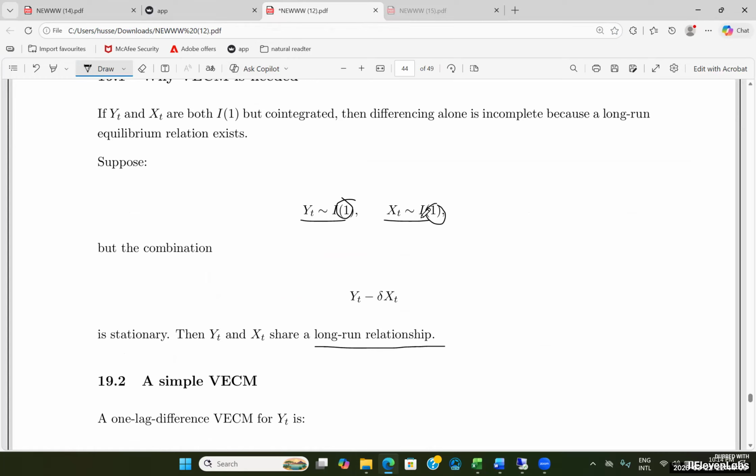However, it's also possible for them to be cointegrated, and we've already covered cointegration in a separate video. Cointegration means that when you have two variables, y and x, which are individually non-stationary, the long-term relationship can in fact be stationary. This stable long-run connection is the essence of cointegration. So if you take yt minus a certain coefficient multiplied by xt, that difference can be stationary over time, meaning they share a long-term relationship.